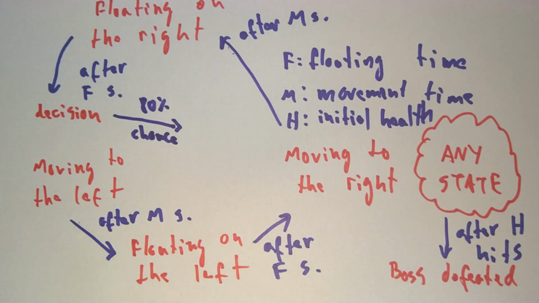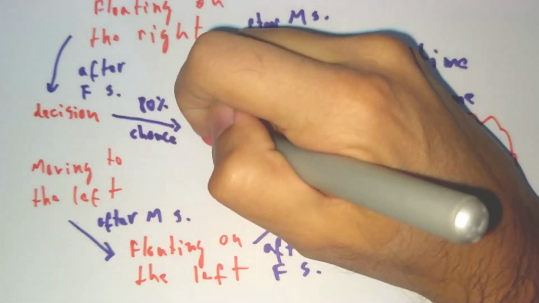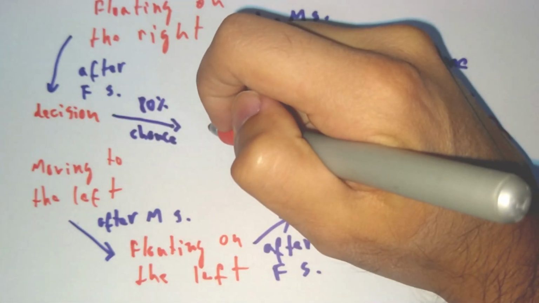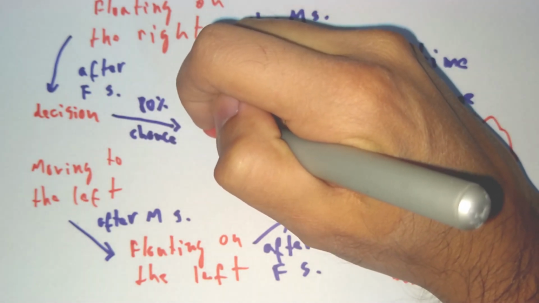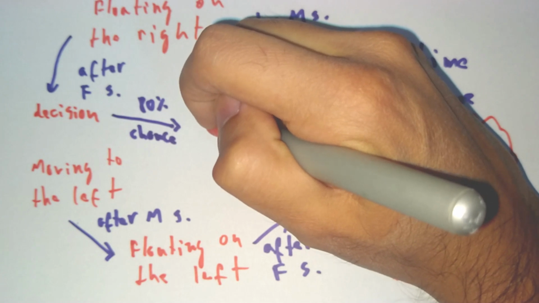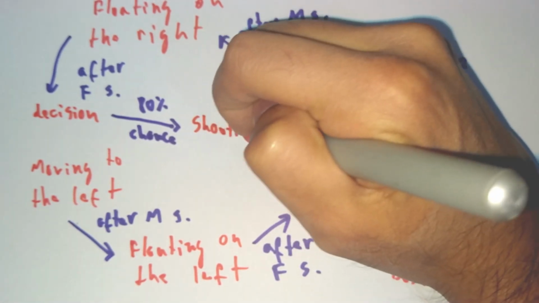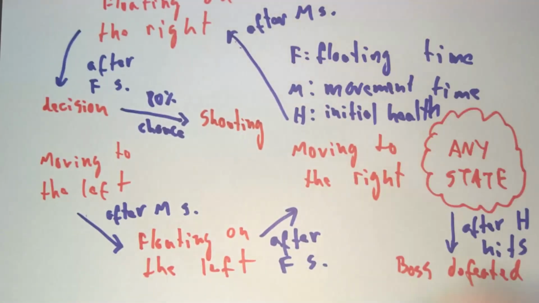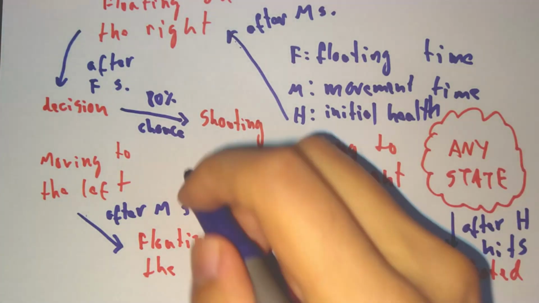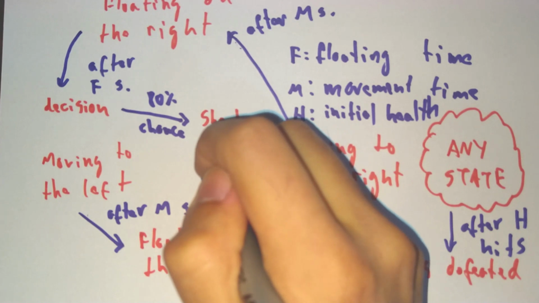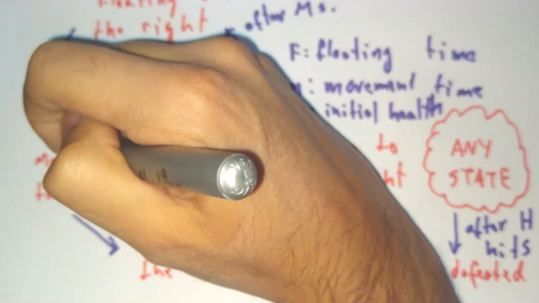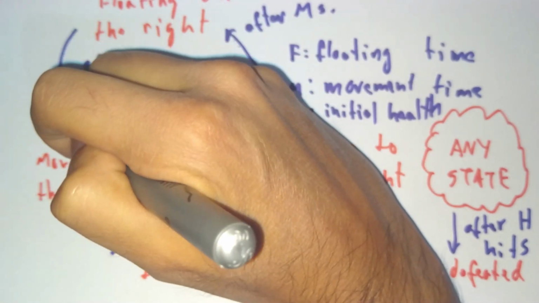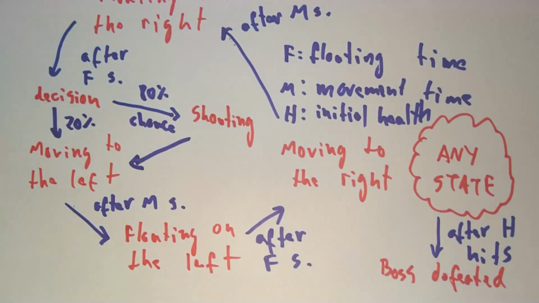Okay? He'll go to the shooting state. And then he'll move to the left side of the screen, as before. And with 20% chance, he won't shoot. Alright?